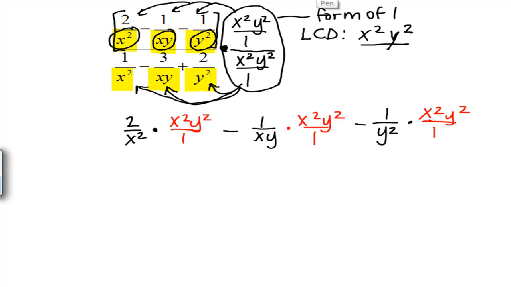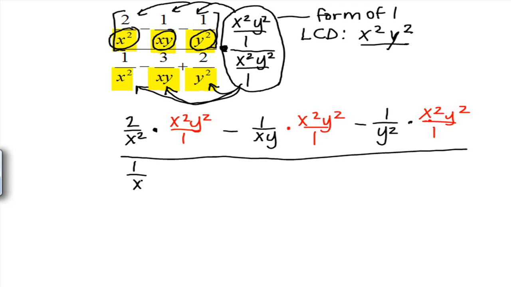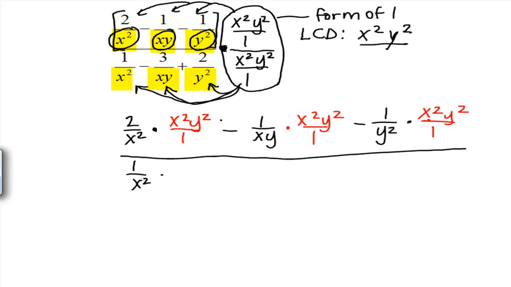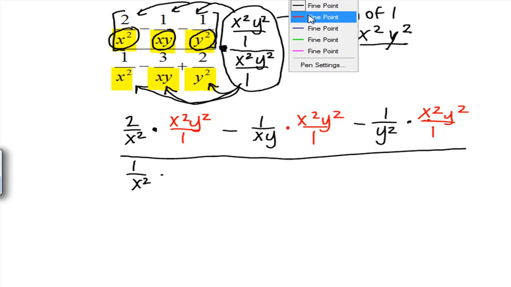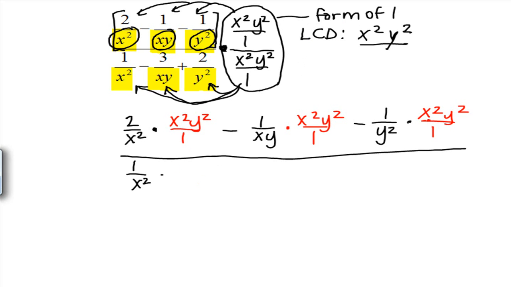It looks big and ugly, but we'll be able to reduce things very quickly after this step, and it'll look much, much better. So for my big denominator, I have 1 over x squared, and that I'm going to multiply by that LCD that I need to distribute, x squared y squared over 1, and next term is minus 3 over xy.